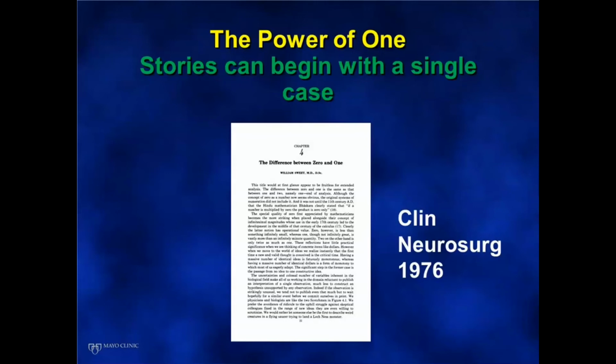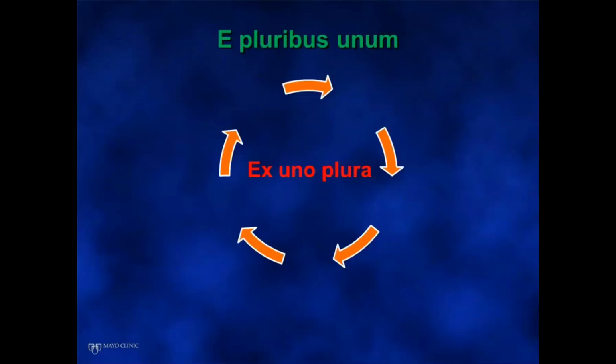So for residents who are listening in, case reports have a value, especially if it's a first observation. So I started this with this E pluribus unum, which is on our quarters and is the motto of New York, and lots of good things are happening with unity.